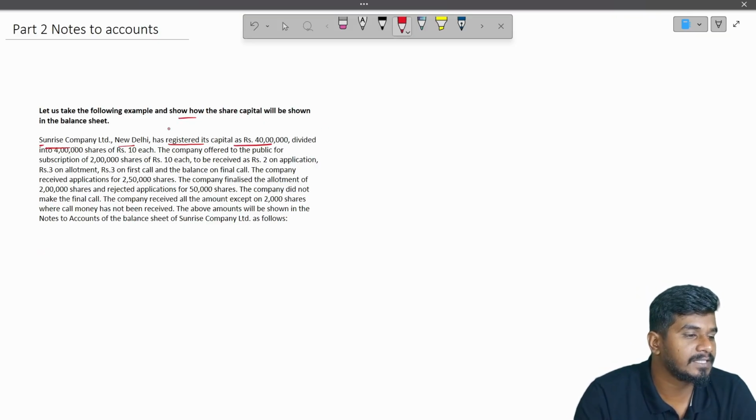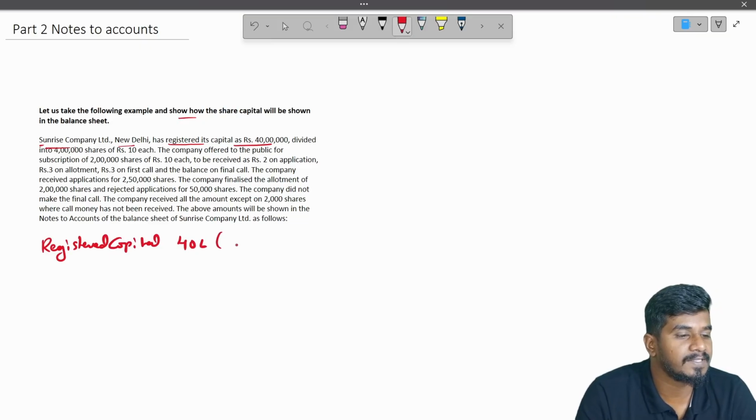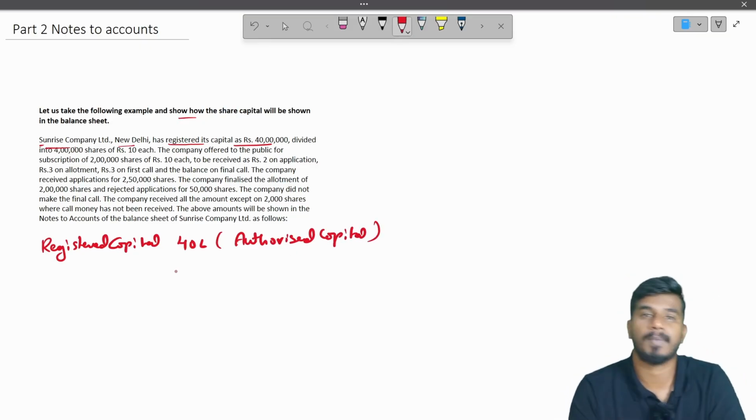So what is the registered capital? Registered capital, which is 40 lakh rupees. This is nothing but authorized capital. Authorized capital means the maximum limit a company can raise capital from public, right?